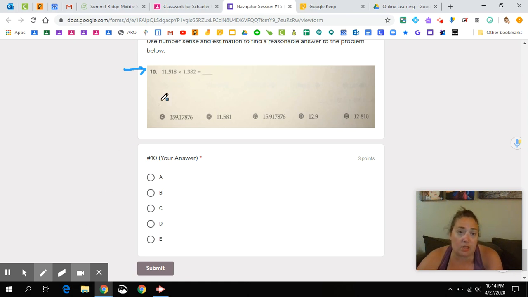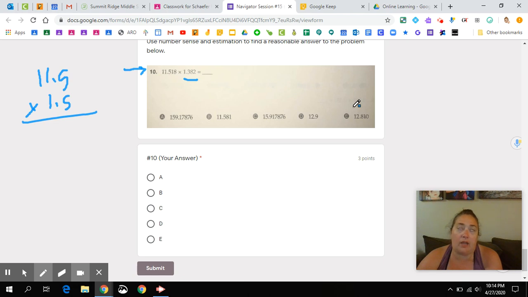I know that 11.518 is about 11 and a half. And I know that 1.382 is almost 1.5. And I could maybe use these smaller numbers as an estimate and multiply with these and see what I get close to, and then choose the most reasonable of my answers as I work over here.